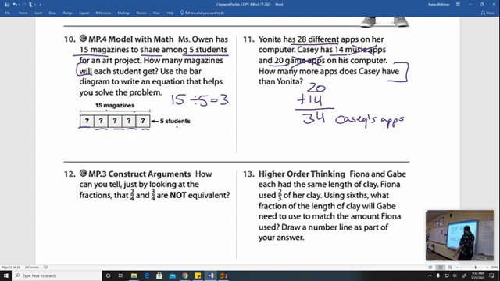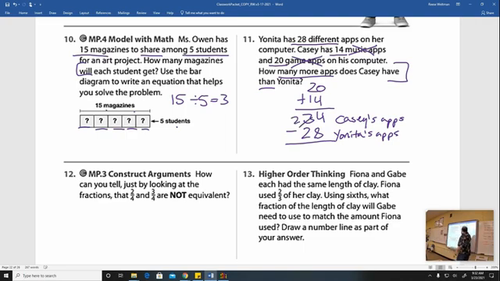You got 14? Well, let's take a look. There's another step here. What's our other step, Natalie? You're subtracting Yonita's apps, right? Because the question is, how many more apps does Casey have than Yonita?